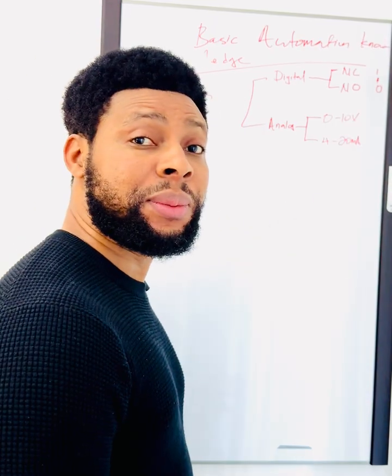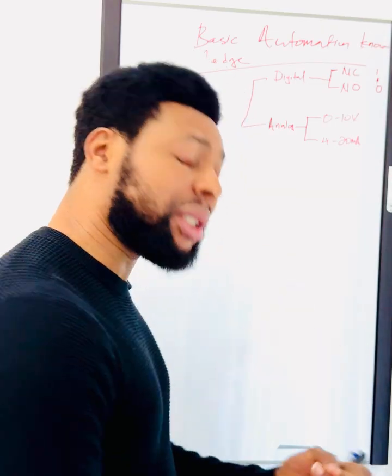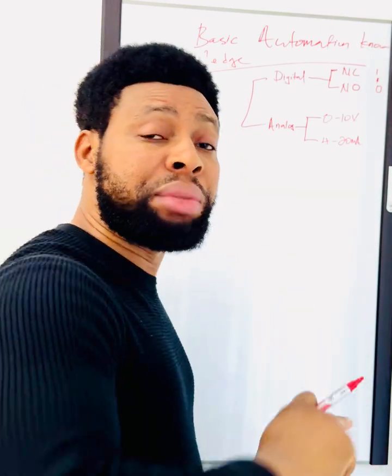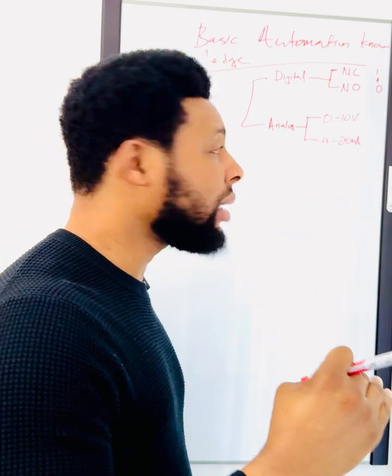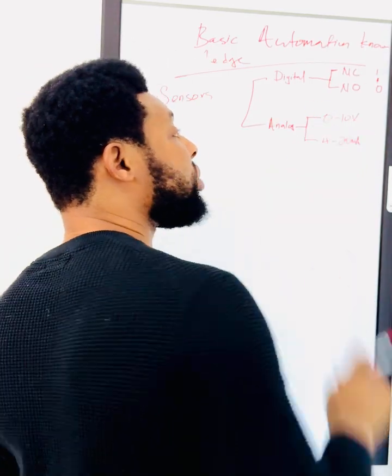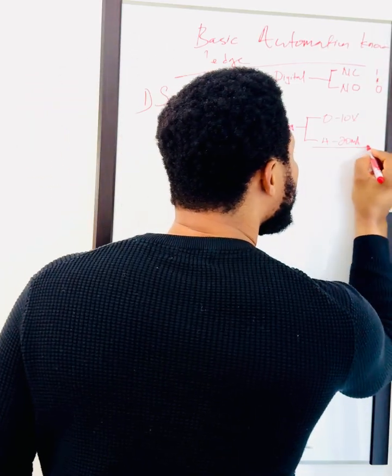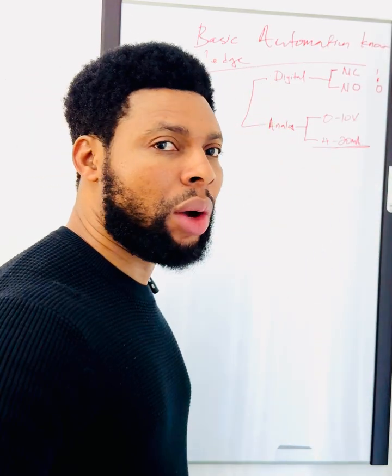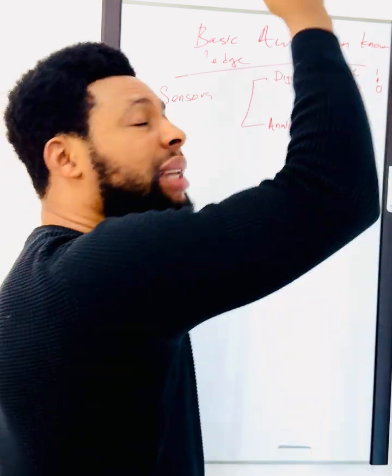Go or not go. Then whenever you see analog sensor, like your temperature sensors, your pressure transmitter, they are giving you range. They're giving you either 4 to 20 milliamps or 0 to 10 volt. But the most common is 4 to 20 milliamps. Now you're wondering, 4 to 20 milliamps, how am I going to read like tank level?